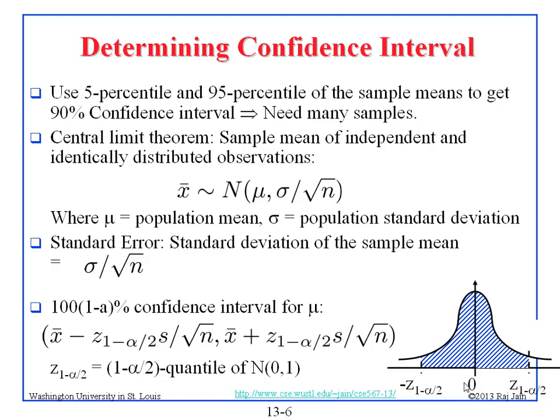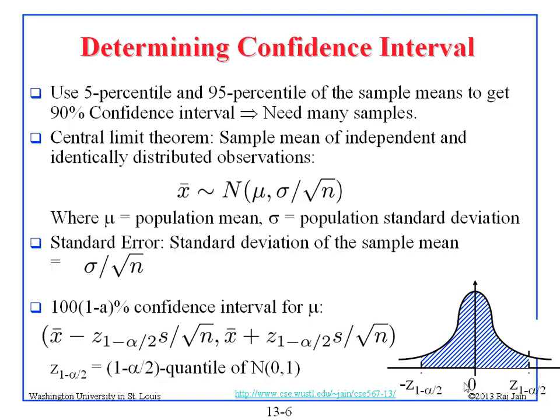So we take whatever we measured, x bar minus Z multiplied by s upon square root of n, comma, x bar plus Z multiplied by s upon square root of n, and that gives me some range with which we can be confident that there is a 90% chance that the actual mean, the population mean, is in this range.